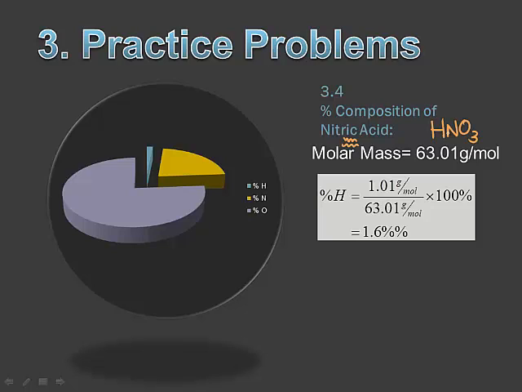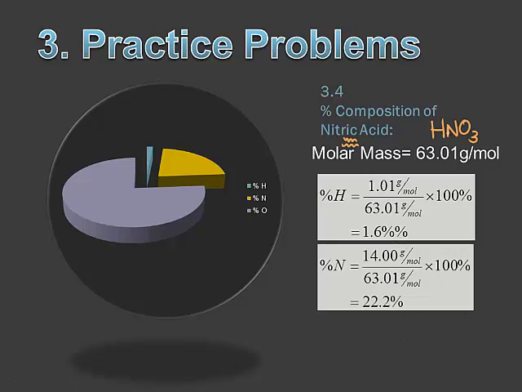Multiplying it by 100 to change it into a percent, we get 1.6%. Looking at the nitrogen, there's also again only 1, so we get 1 times its mass, 14, of the whole molecule, 63.01 grams per mole. Multiplying by 100, we get 22.2%.